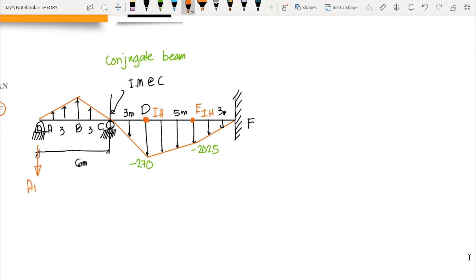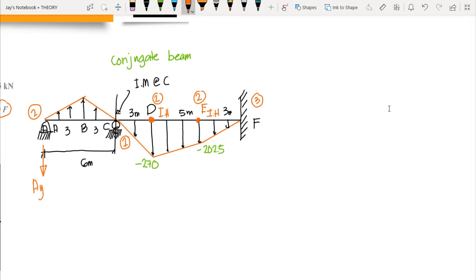We have here AY. So we have to compute the value of AY, but take note, we have to compute first if this one is determinate or indeterminate. So we have to compute the number of reactions. We have 2 here, we have 1 reaction, we have 2 at the internal hinges, and we have 3 at the fixed support. Now take note, at the fixed support, we do not have a force acting horizontally.